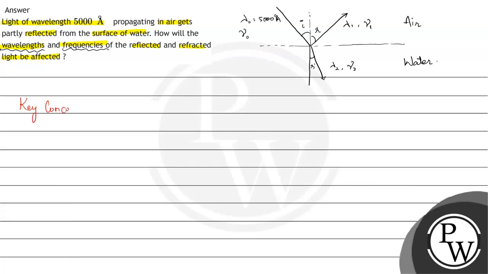The key concepts behind this question are: first, the frequency of light depends only on the source, but not on the medium or anything else. The second is the formula for velocity of light, given by frequency into wavelength, mu into lambda.